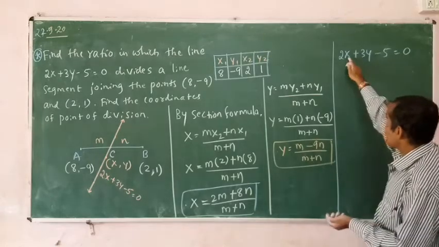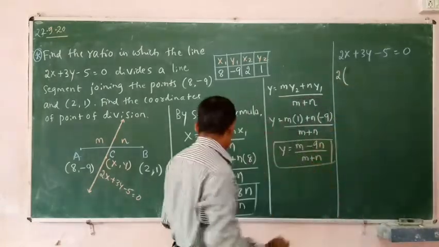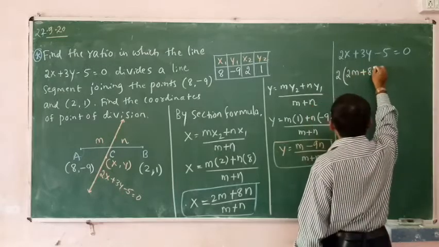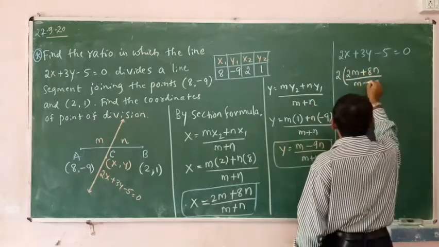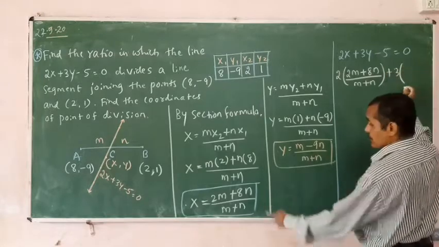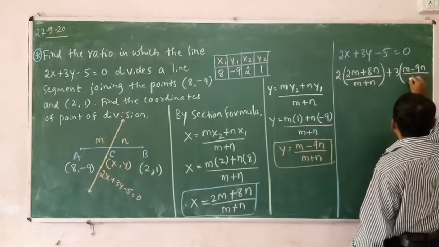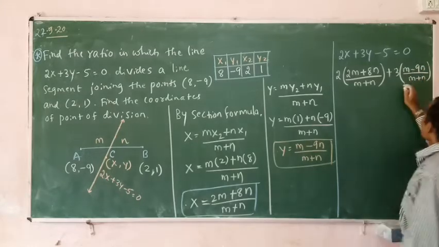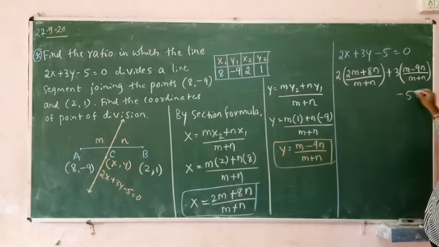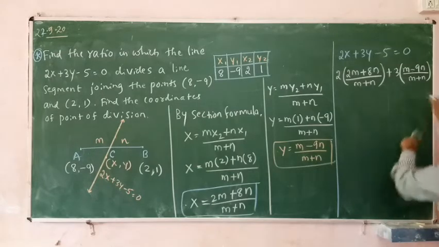In that equation, I will substitute the values of x and y: 2 into 2m plus 8n divided by m plus n, plus 3 into m minus 9n divided by m plus n, minus 5 is equal to 0. Or I will transfer that, is equal to 5.